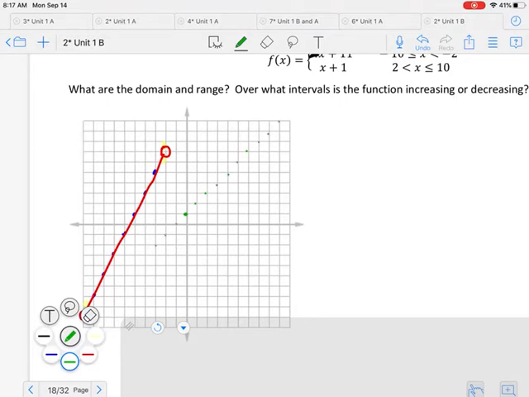And I'm going to go far because I'm looking at the domain now. It is an open circle on +2 and a closed circle on +10. So +2 and +10. Closed circle. Ooh, I hate when it does that.